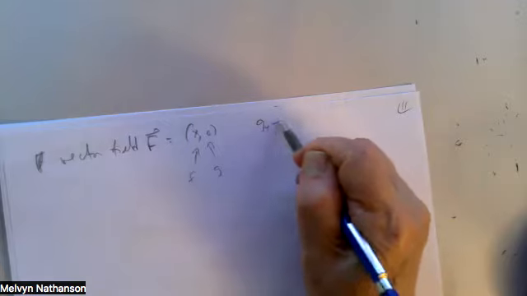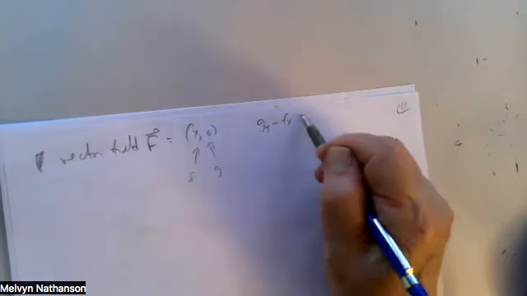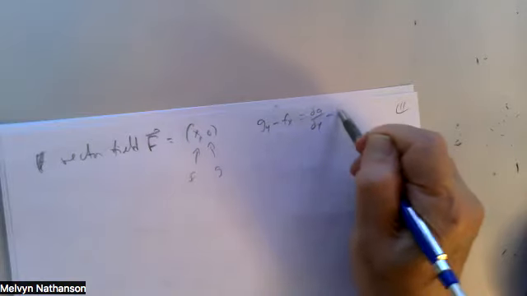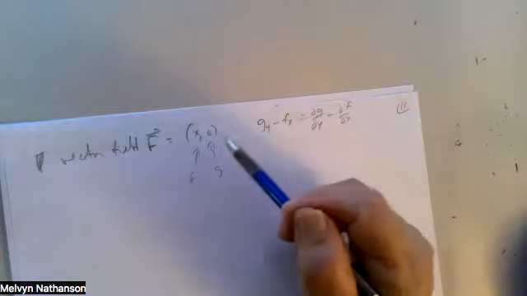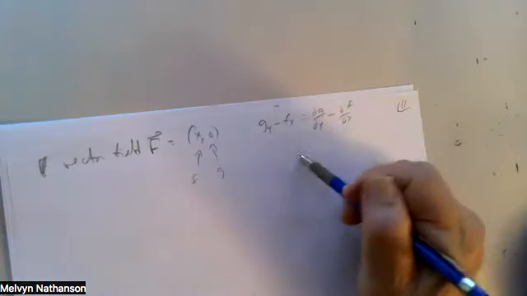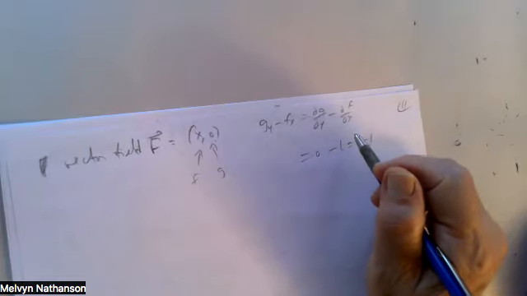So G sub y minus F sub x, or the partial G with respect to y minus the partial F with respect to x. This is 0 minus 1. It's minus 1.